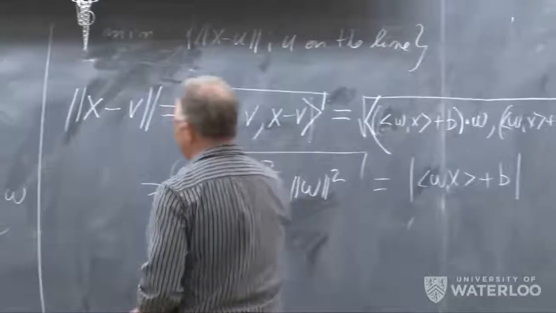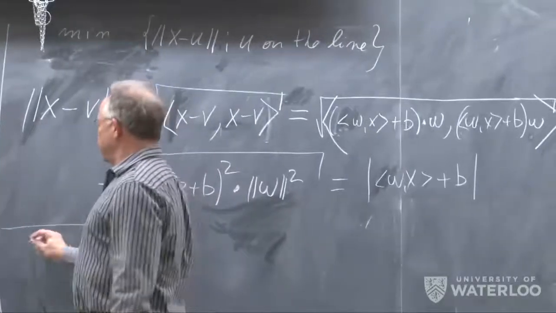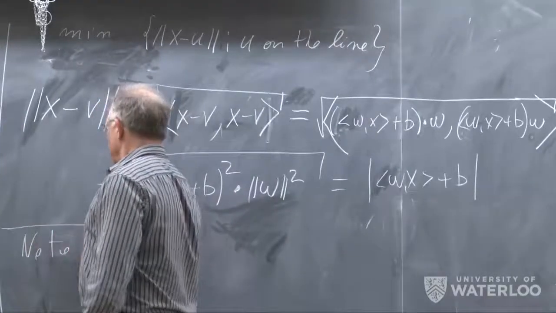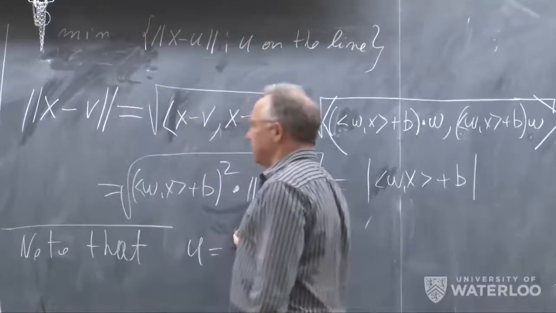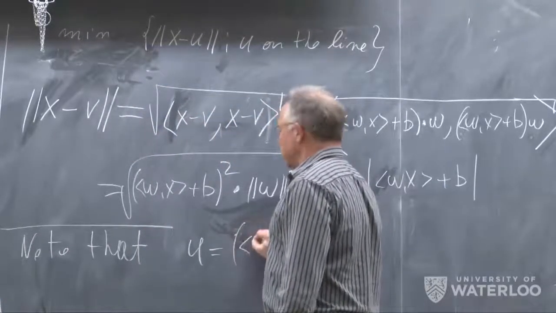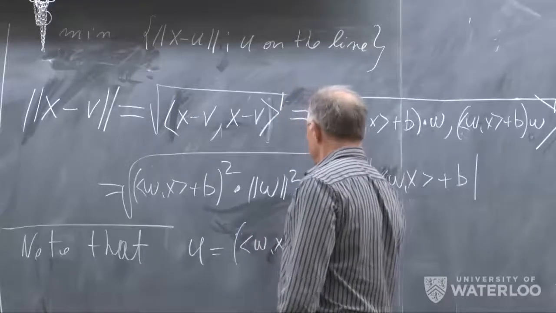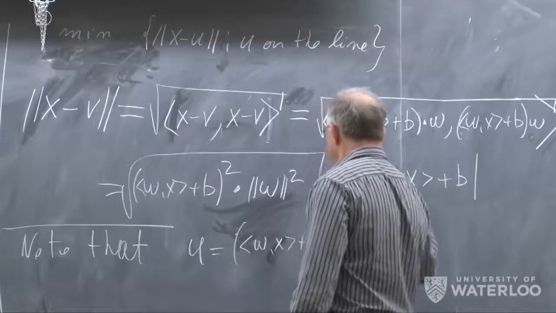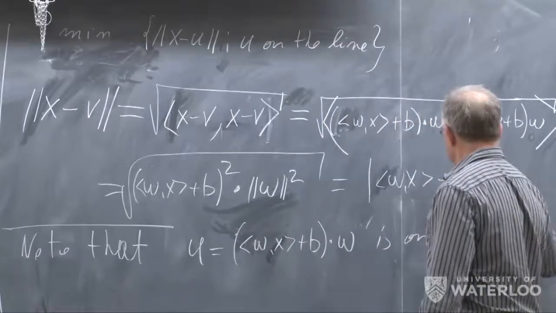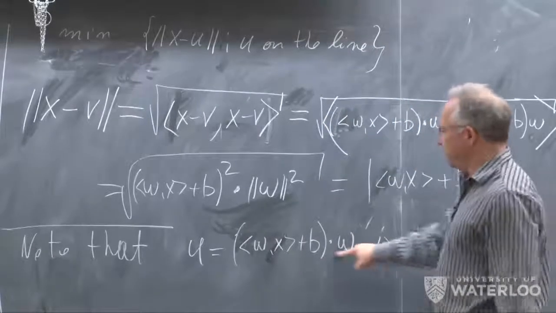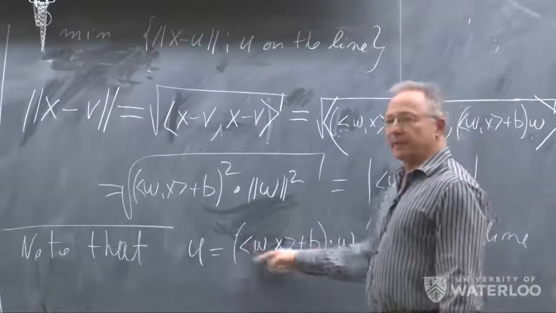The first missing claim is that u equals the dot product wx plus b times w is on the line, just because it's a vector w multiplied by some constant.